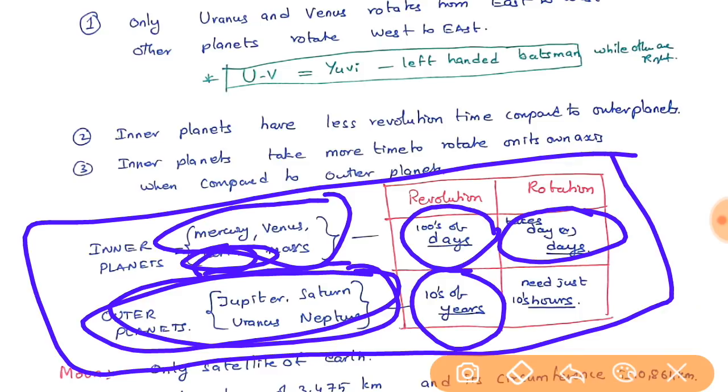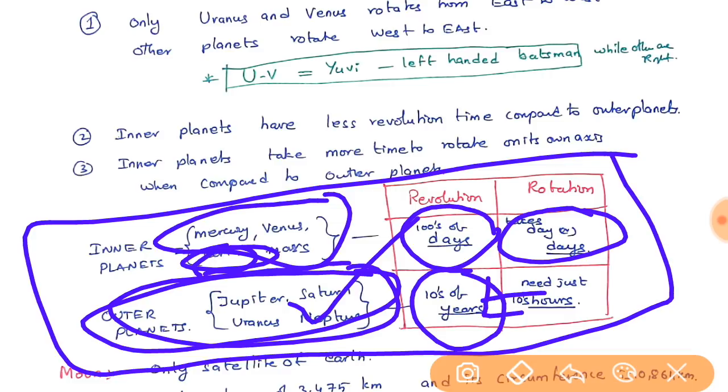If it comes to rotation on its own axis, the outer planets come first, and they are fast in rotation but very slow in revolution. They are far away from the Sun, so obviously it will take more time to revolve around the Sun, friends.